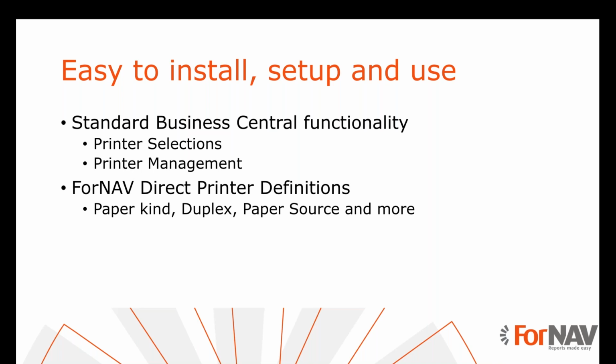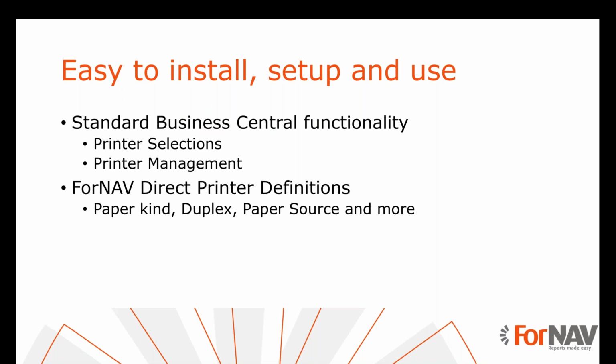We have solved that by basically extending the standard Business Central functionality. So you already have tables and forms for printer management and for printer selection. The problem is that they still go through the PDF previewer and then print it. And with our feature, you are sort of skipping that extra process.